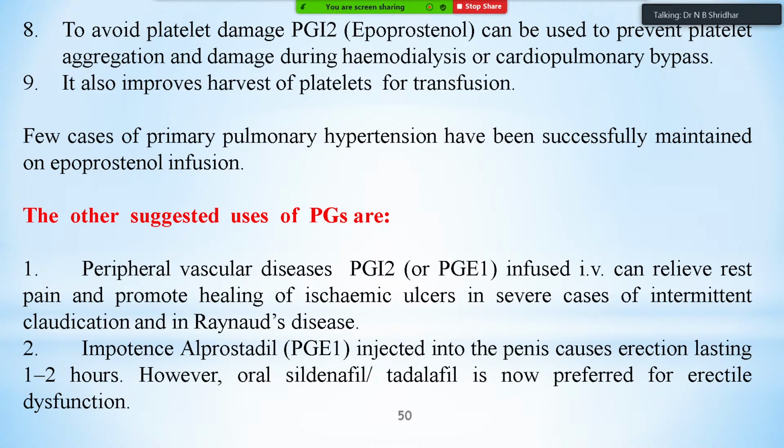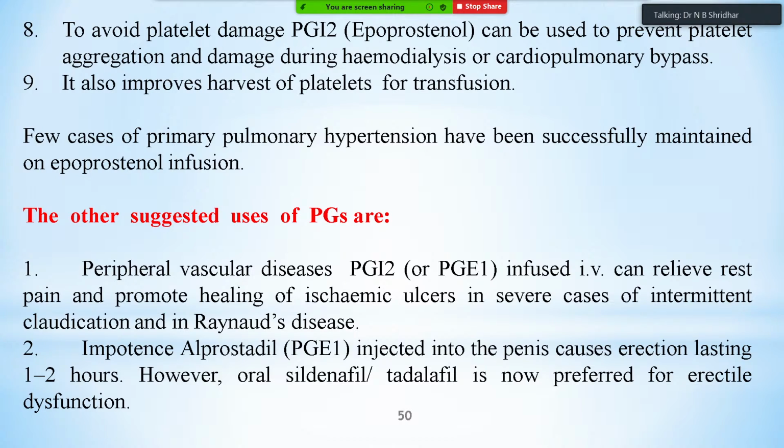Then, in a few cases primary pulmonary hypertension has been successfully maintained on epoprostenol infusion. And apart from all these, the other suggested uses are peripheral vascular diseases, where PGI2 or PGE1 are infused IV and can relieve rest pain and promote healing of ischemic ulcers in several cases of intermittent claudication and Raynaud disease.